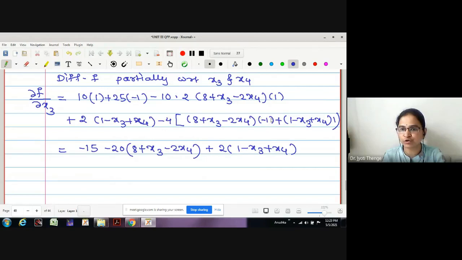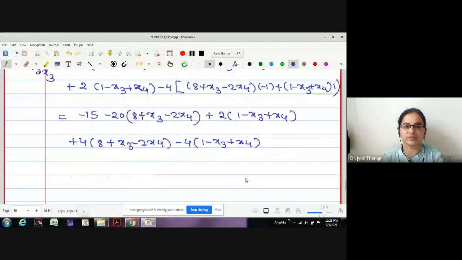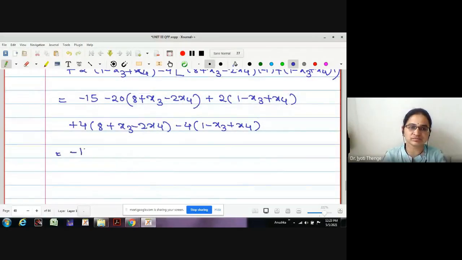Minus 4 into minus 1 is there. Therefore, shall I write plus 4 times 8 plus x3 minus 2x4. Again we will multiply by minus 4 into 1 minus x3 plus x4. Is that okay? Let us simplify. Minus 15. Let us multiply by 20. This is minus 160 minus 20x3 plus 40x4.